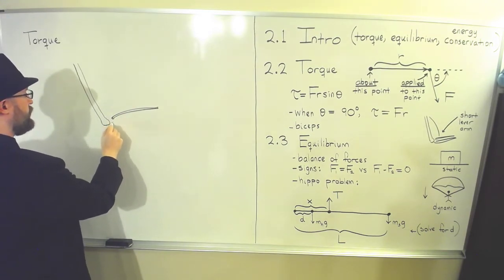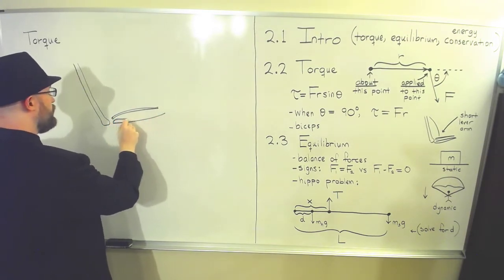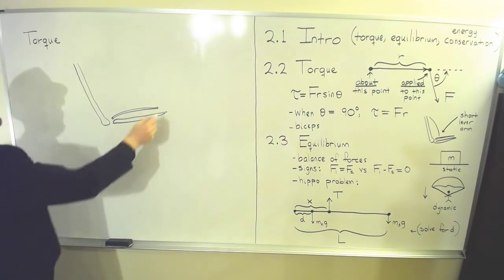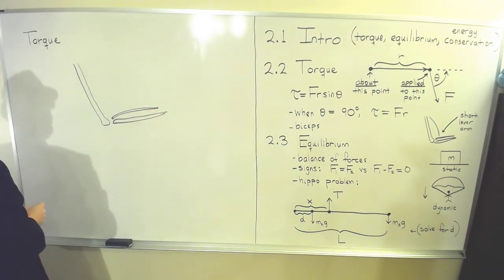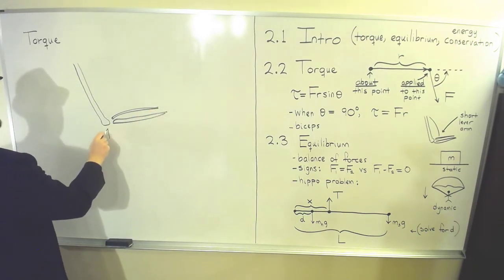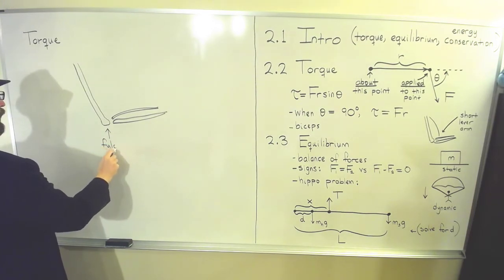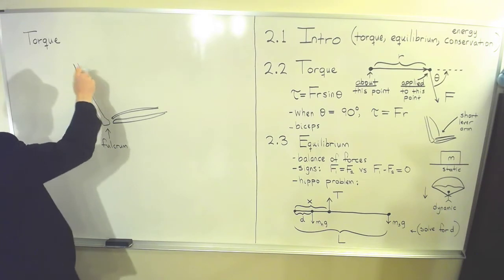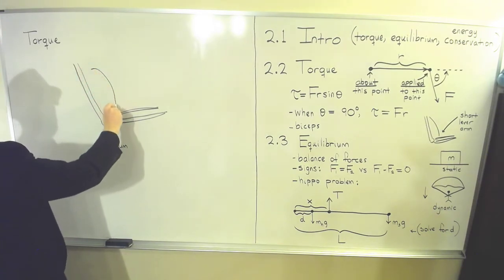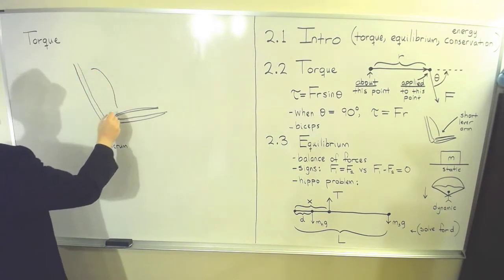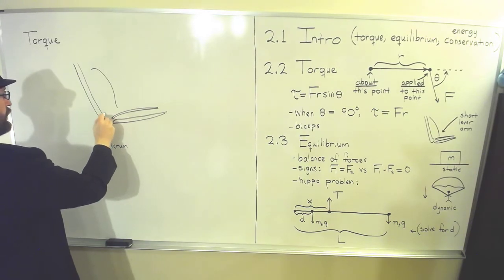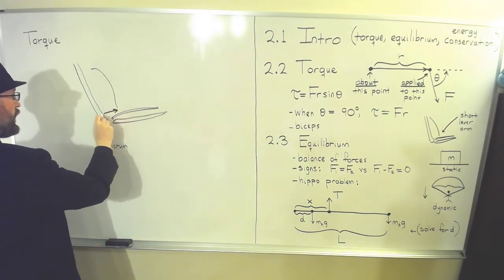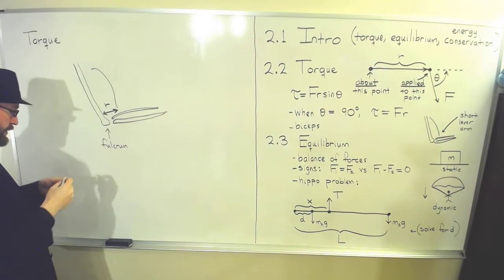I think the small one is the radius, and the big one is the ulna, I forget, and then there would be the wrist. Here's the fulcrum. And you could draw the biceps like this. But the point is that the lever arm of the biceps is quite short. It's that distance.